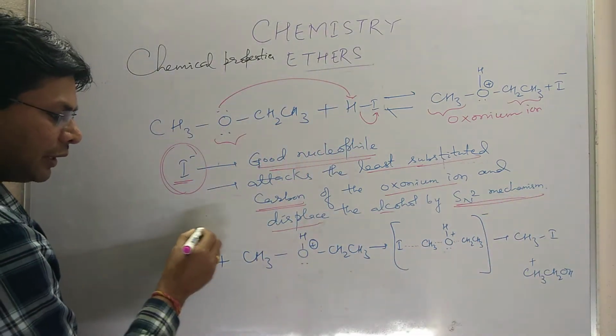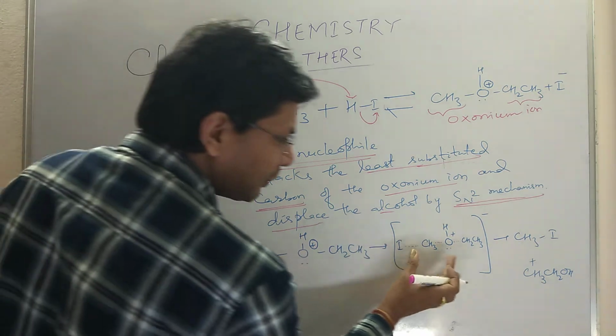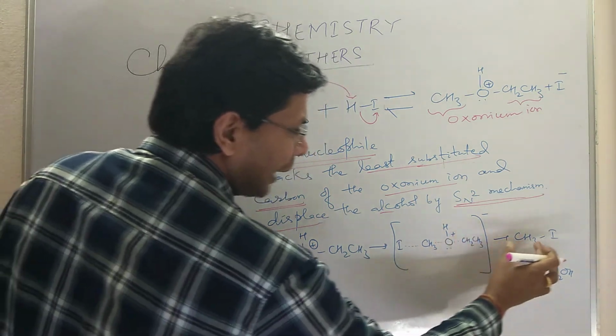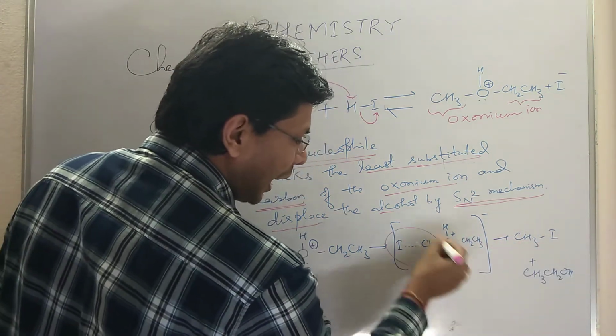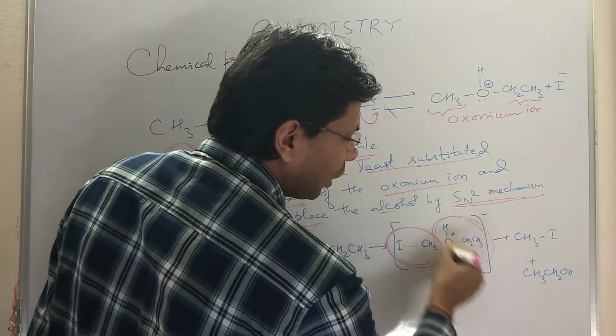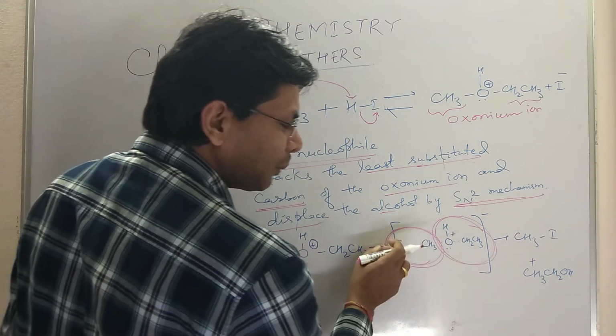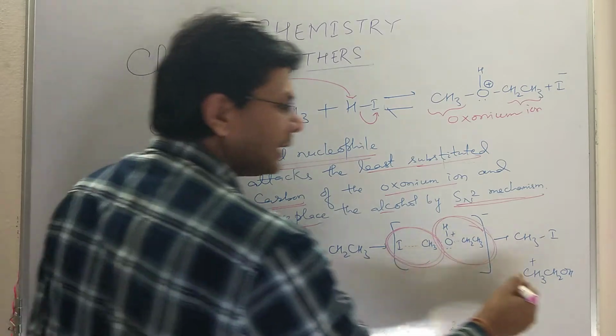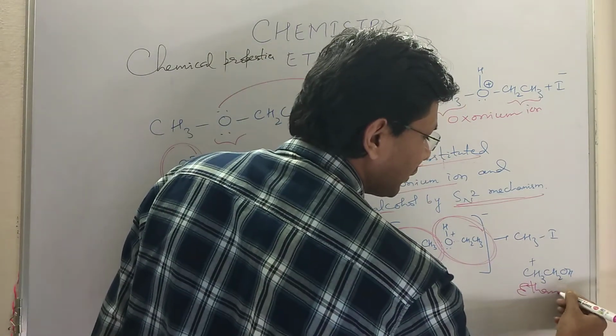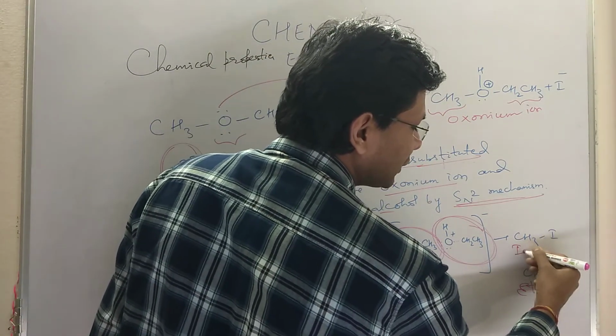So this will be an intermediate stage, and iodomethane will be formed and alcohol will be formed. Once this methyl group leaves, the positive charge will be neutralized and ethanol will be formed along with iodomethane.